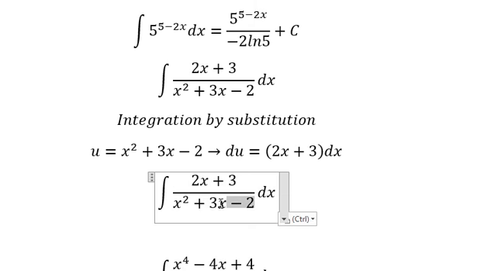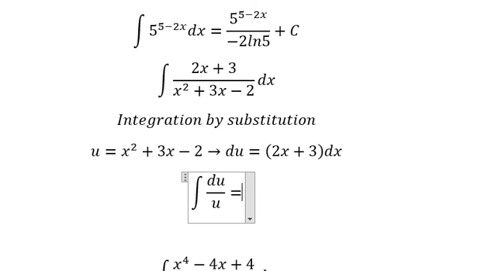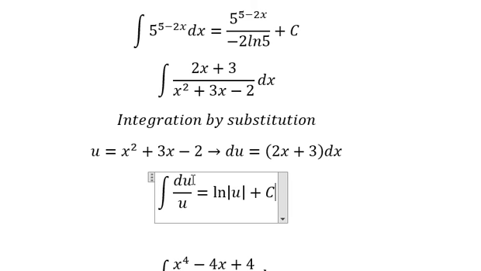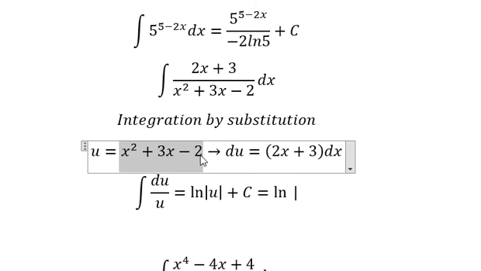So this one we change by u, and 2s plus 3 ds we change by du. The integration of this one, we have ln of the absolute value of u, and we put c. And u is this one.